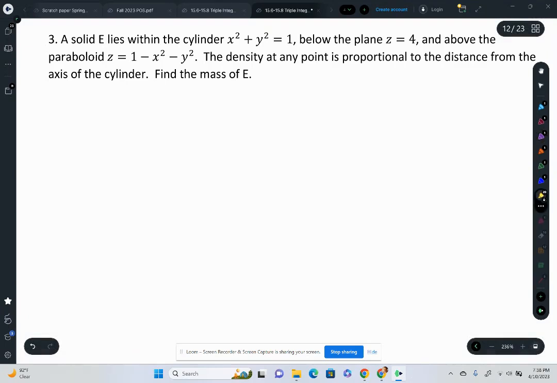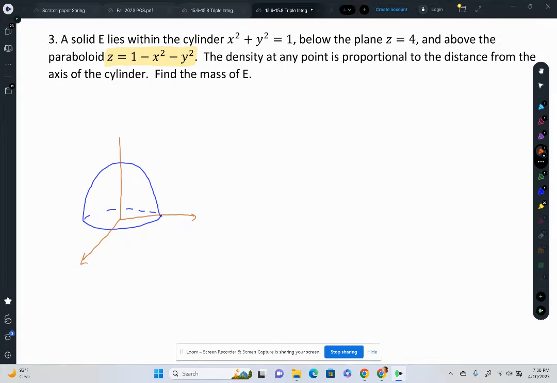Let's start with that paraboloid. Z equals 1 minus x squared minus y squared. That is an upside down paraboloid shifted up by 1. And it's a unit. So something like this. They all kind of look alike. That's my paraboloid. I'm going to put an octant on here. Let's see.